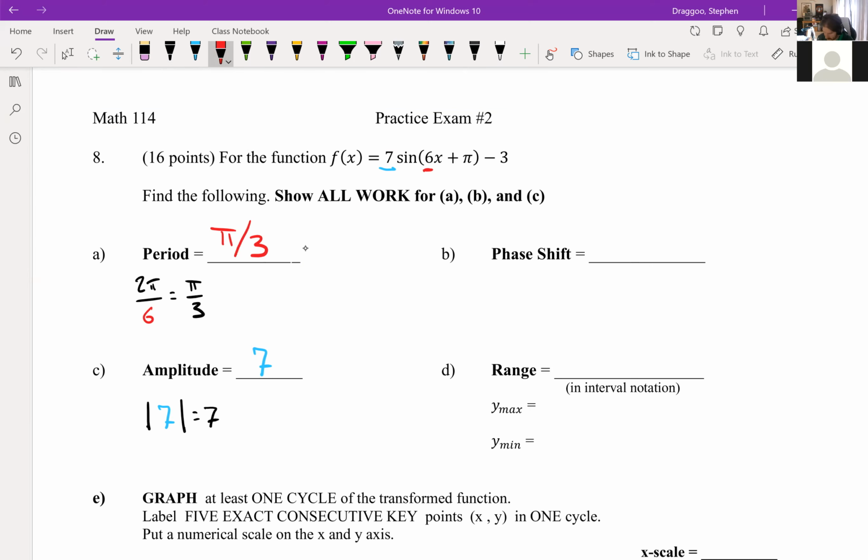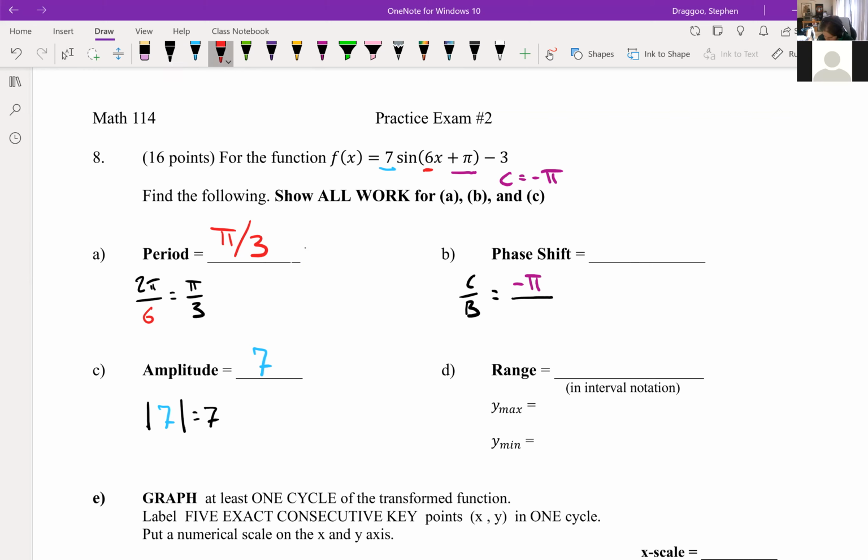For that phase shift, it's c/b. We're keeping in mind that C, I don't have space for this. C must be equal to -pi, since I've got 6x plus 6.